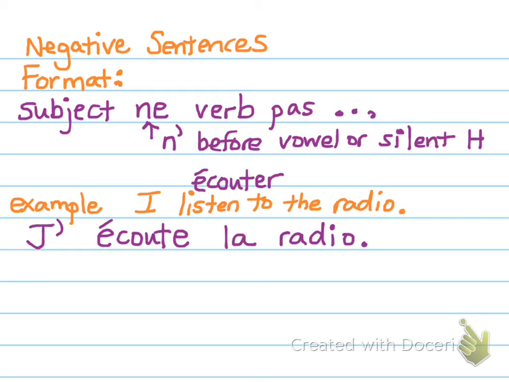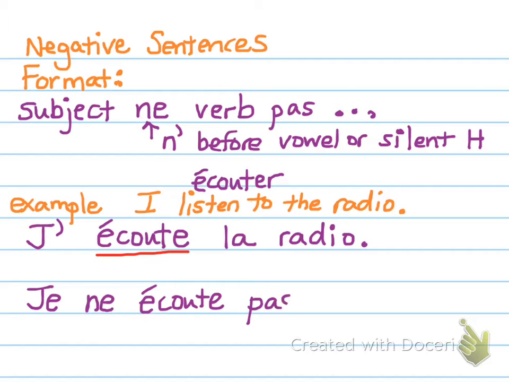So now let's make this negative: I don't listen to the radio. Again, écoute is my verb, so I'm going to put my ne and my pas around my verb. So I have je, ne, écoute, pas, la, radio.